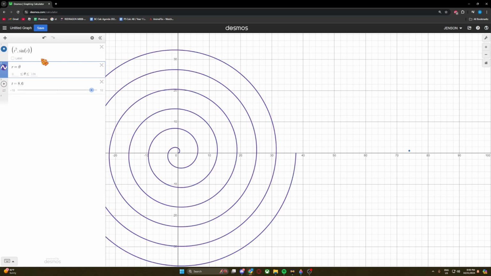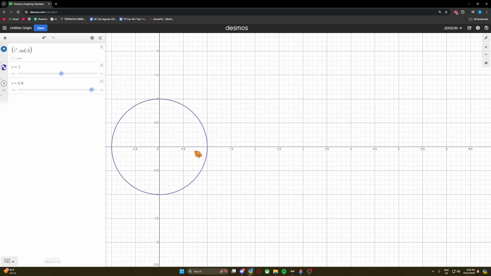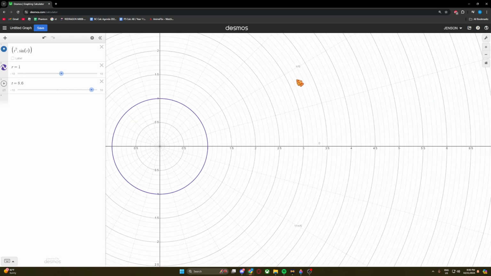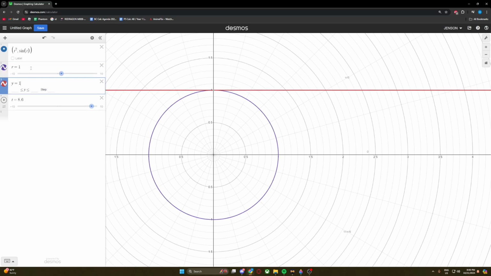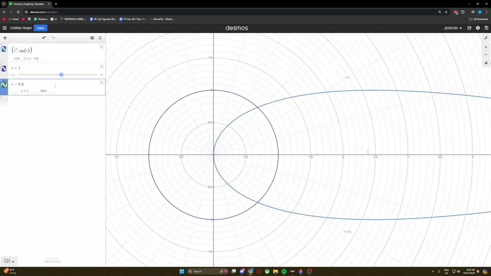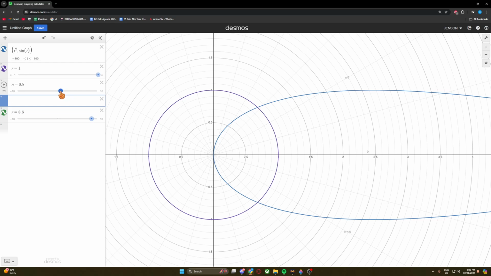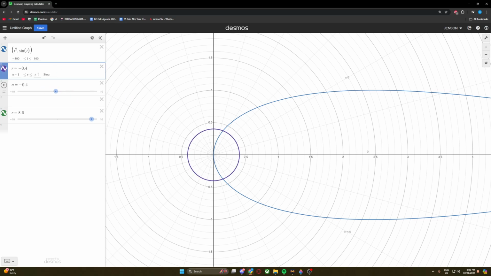If I kept r constant, y equals 1 would look like that, r equals 1 would look like this. Oh my bad, that's not how I meant to do it. I don't want that, I want r to change.